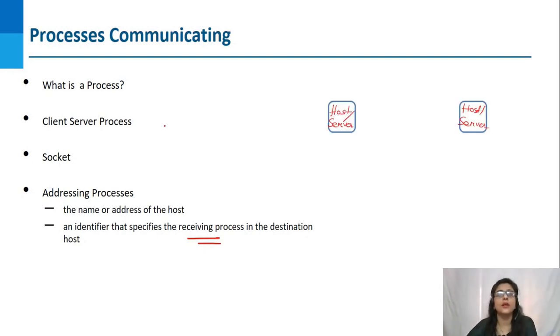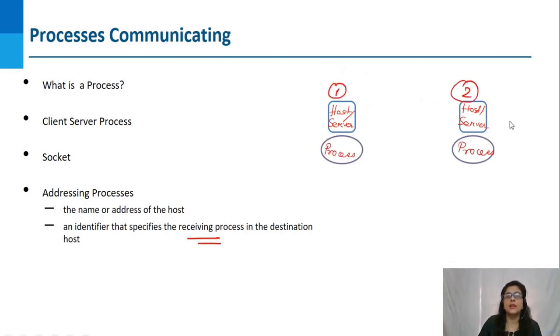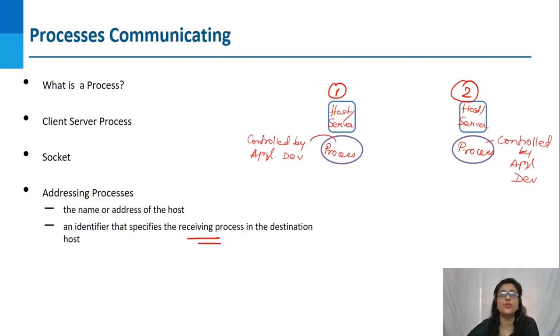Let's consider the diagram for processes communicating. We have the host or the server here. This is 1 and this is 2. And we have the processes running in the 2 computers. These processes are basically controlled by the application developer.